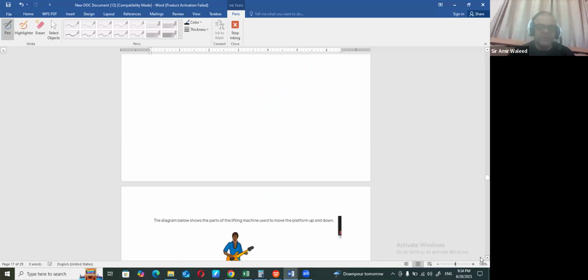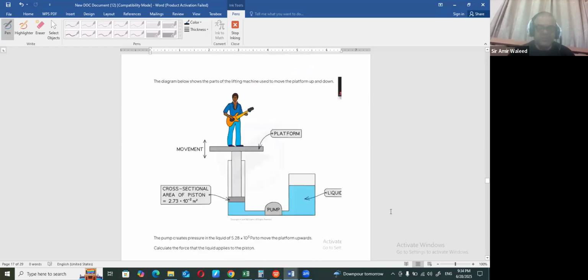This is for the solids, right? Now, this can be a question. In this question, it says the pump creates a pressure of 5.28 into 10 raised to the power 5 pascals in a liquid to move the platform up. Calculate the force that the liquid applies to the piston. This is the cross-sectional area given, right?